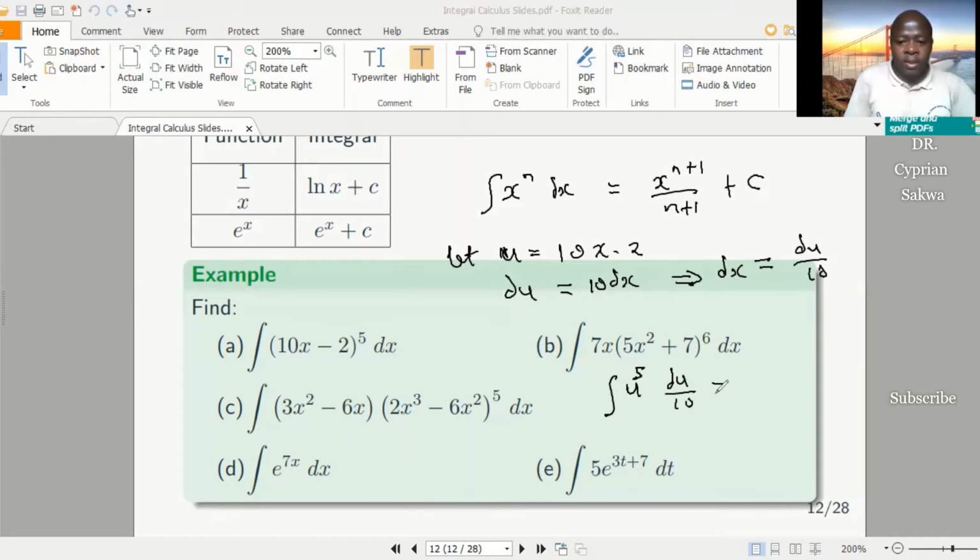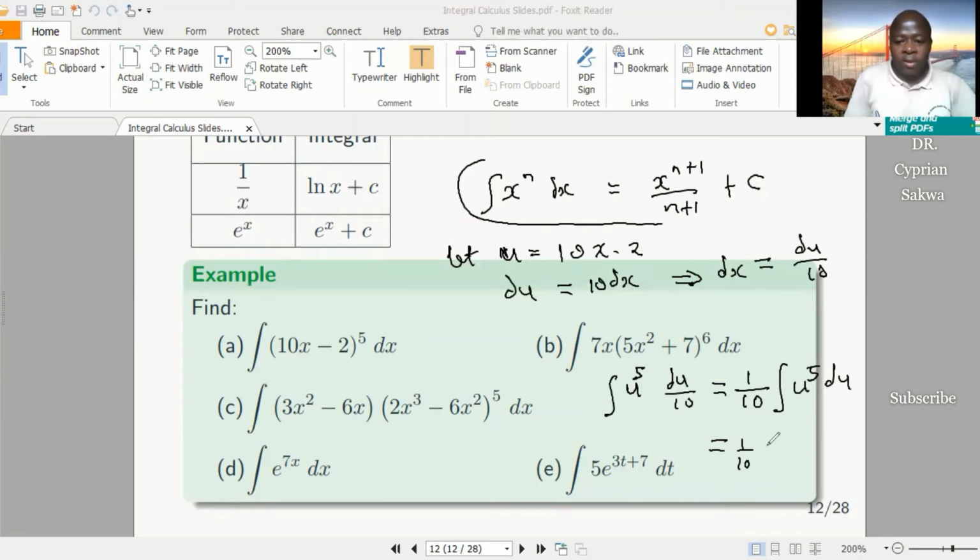At this point, we take the constant outside the integral sign, and the constant is 1 over 10. So what I have is 1 over 10 times the integral of u raised to 5 du. We can now integrate this comfortably using our rule.